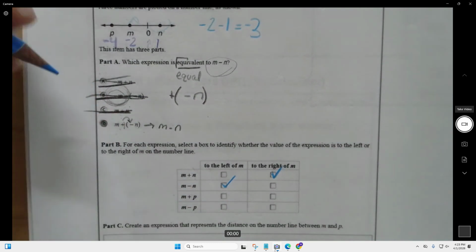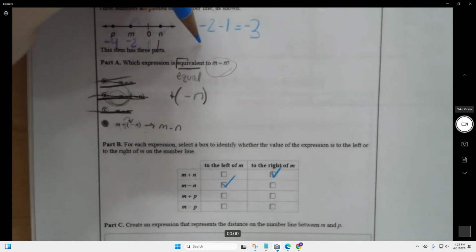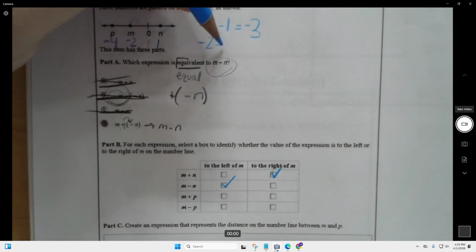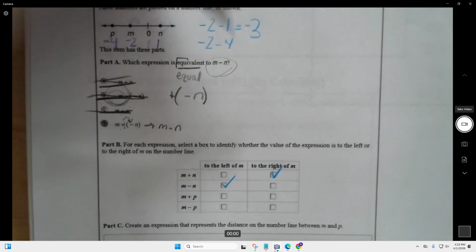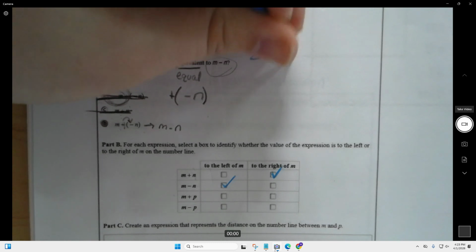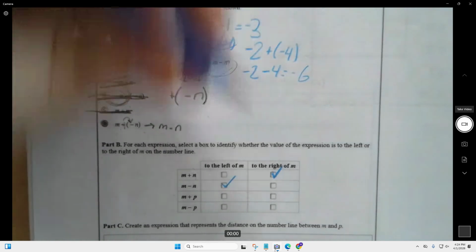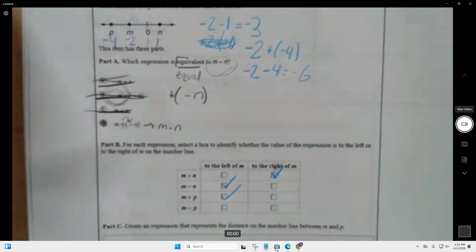M plus P. M plus P in our example is negative 2 minus 4. Or, I'm sorry, plus negative 4. Let me write this how we've been writing it. Negative 2 plus negative 4, which is the same as negative 2 minus 4, which is negative 6 to the left of m.